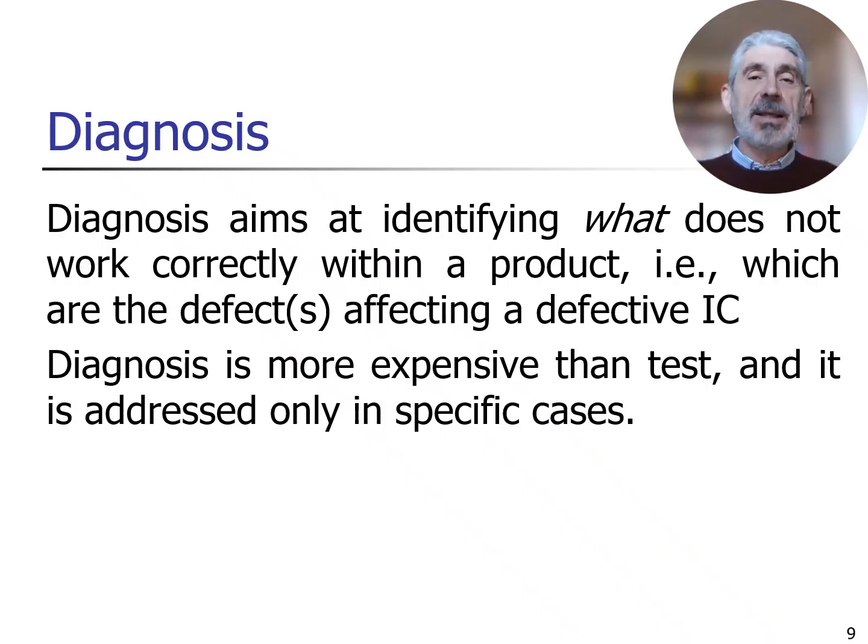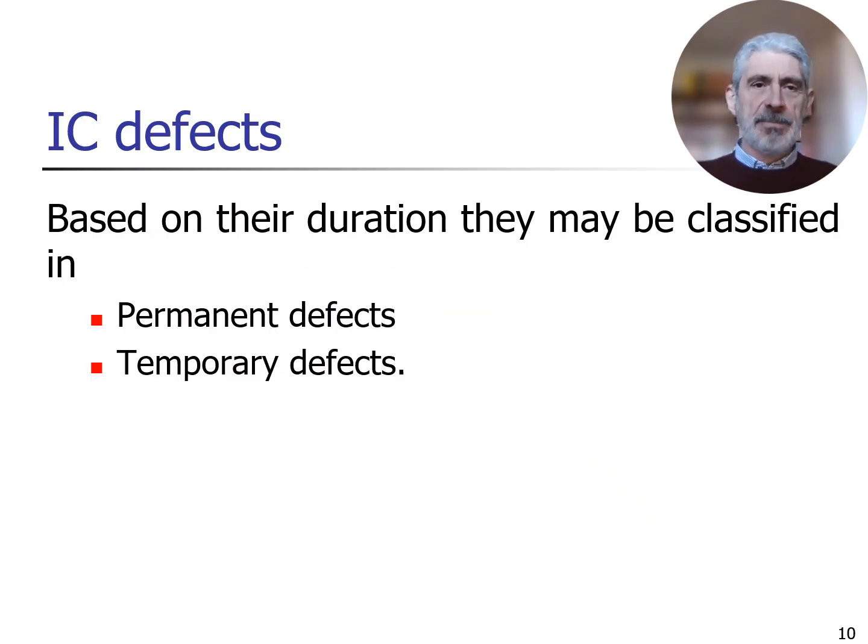So while test only aims at distinguishing between good and faulty circuits, diagnosis works on faulty circuits and aims at identifying the defect responsible for a given misbehavior, a given behavior different than the expected one. Diagnosis is more complex, it requires more effort, more time, and it is done only when strictly required.